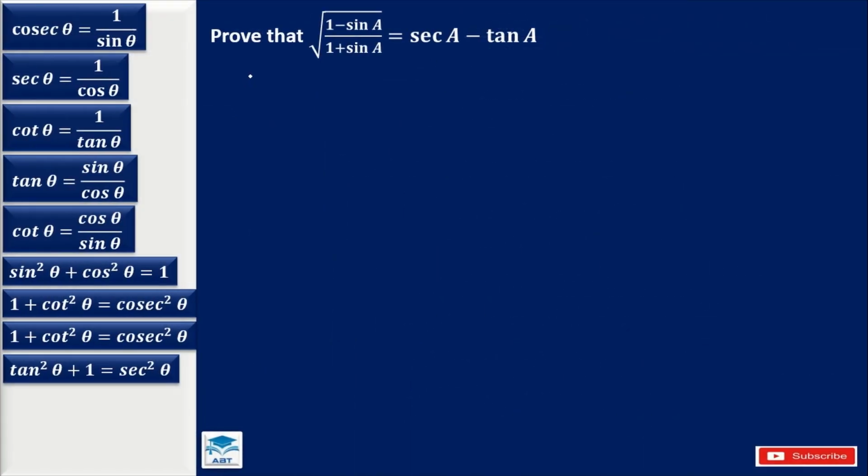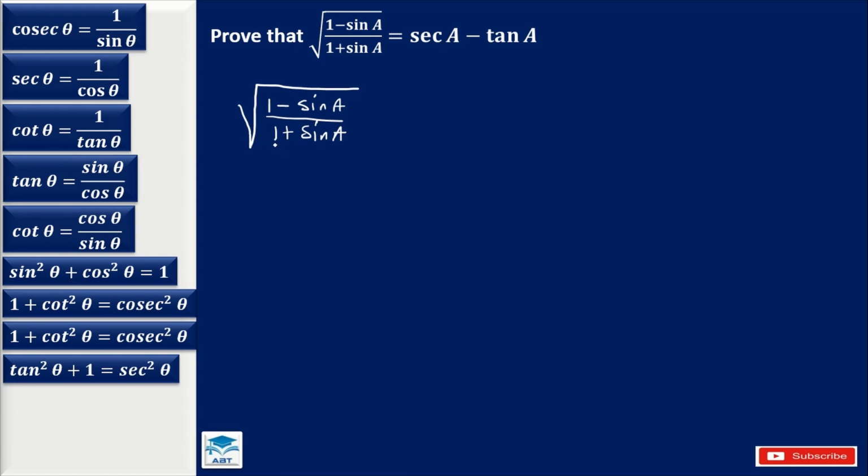Prove that the square root of 1 minus sine A divided by 1 plus sine A is equal to sec A minus tan A. So we have the square root of 1 minus sine A divided by 1 plus sine A. We are going to rationalize the denominator by multiplying the numerator and the denominator by the conjugate of the denominator.